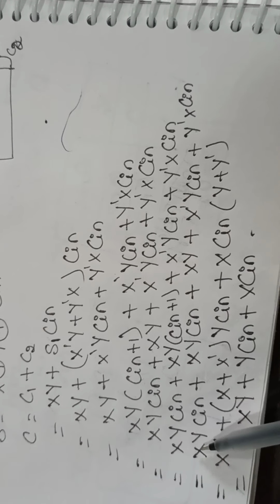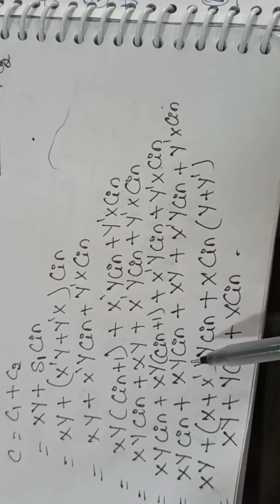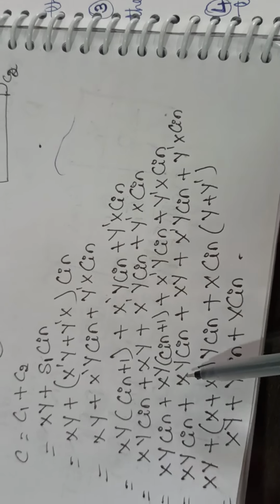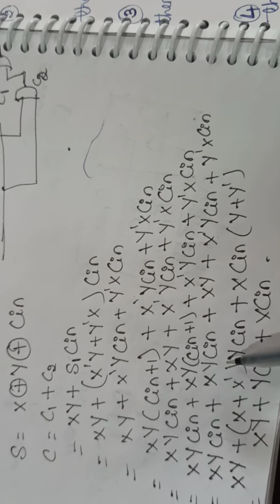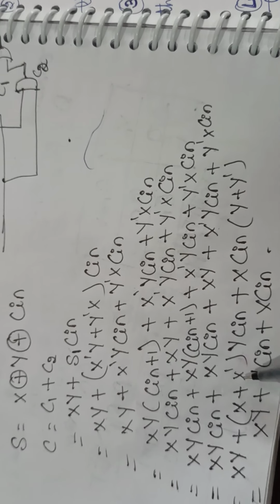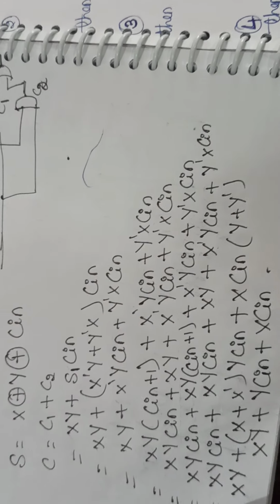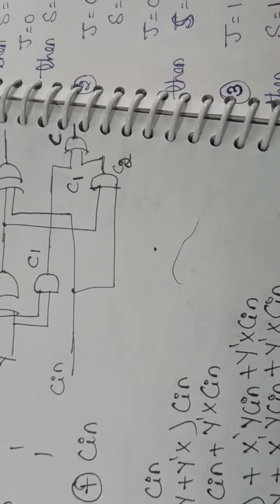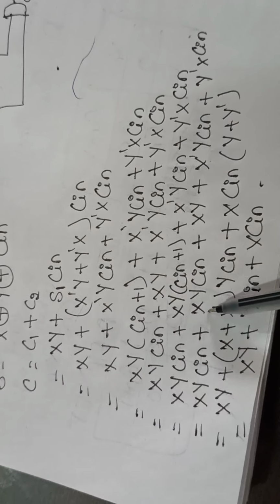Now keep xy as it is, and then you can take out the common term. In this and this, which is the common? y c in. When I take y c in, it remains x plus x dash. And in this case, I take x c in as common, and here also x c in.